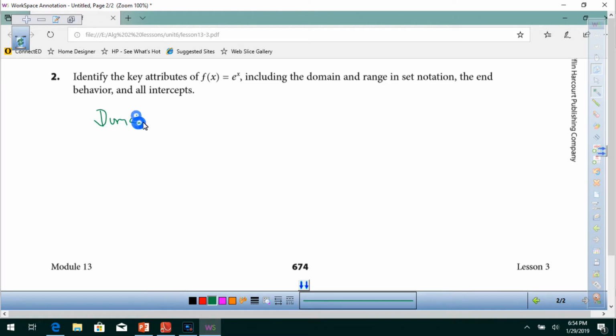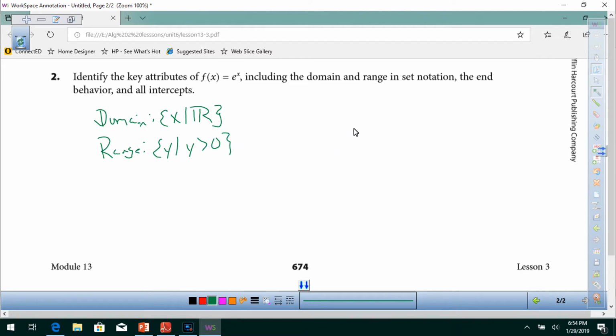The domain will be x such that x is all real numbers. The range is going to be like it has been in the past. We're going to have y such that y is greater than 0, whatever k is.